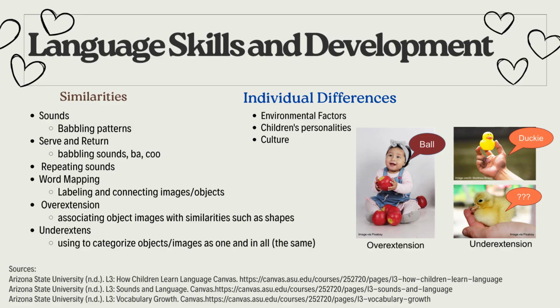If a child is very shy and doesn't want to speak to anybody around them, the child may have some speech delays or may not be expressing as many words as other children who have a personality that is always talking and not shy. Culture has an impact on learning language because of their native language and home language, and they can also have trouble with the interpretation of the environment around them.